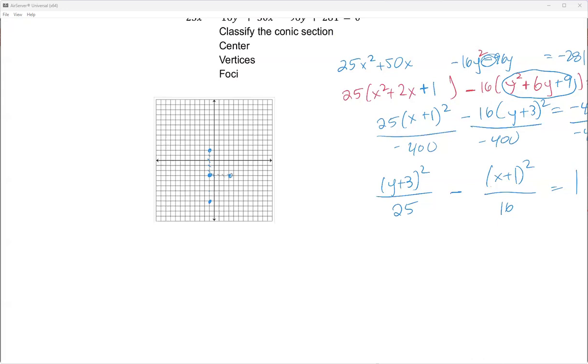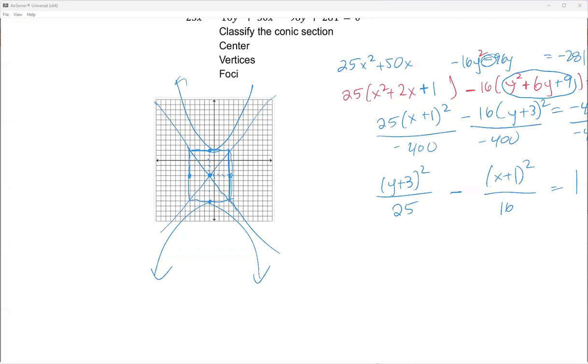This is a really good problem. And then you should have these asymptotes. It's pointing up because the y is the major axis.